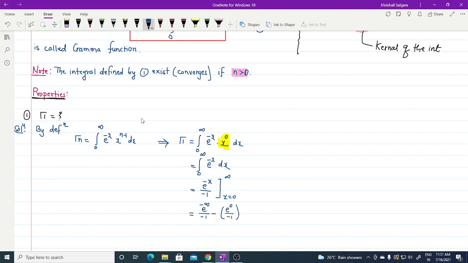Now, what is the value of e to the power minus infinity? As a standard result, you have to remember it.